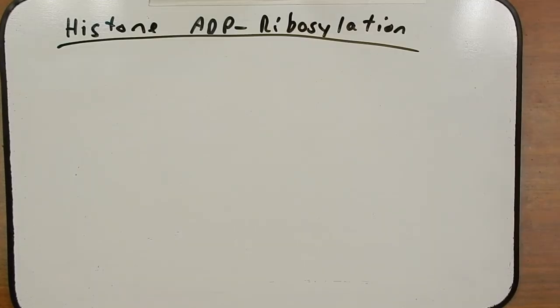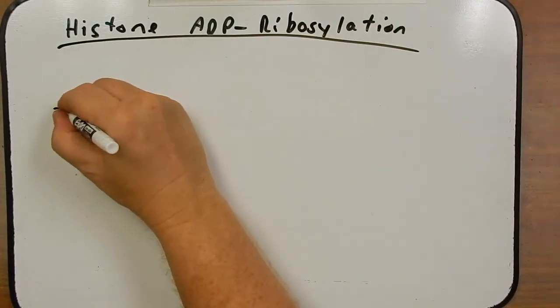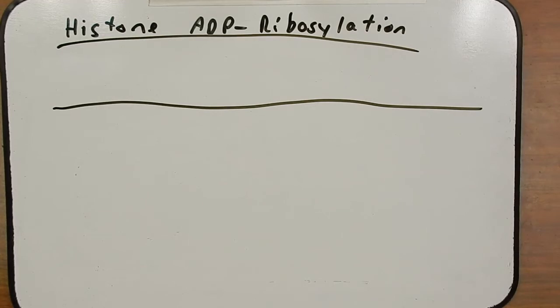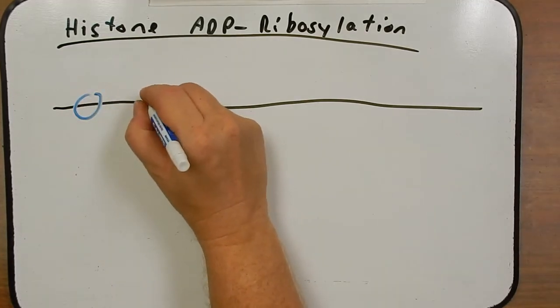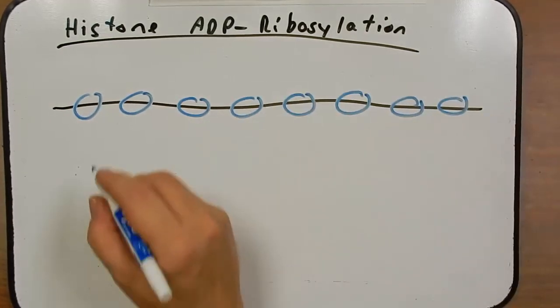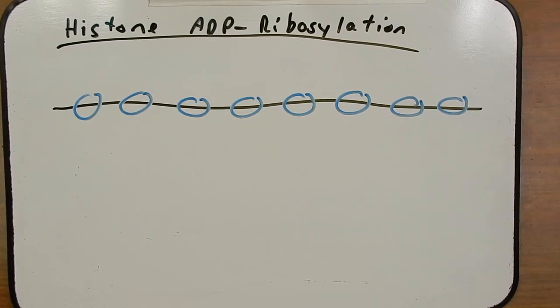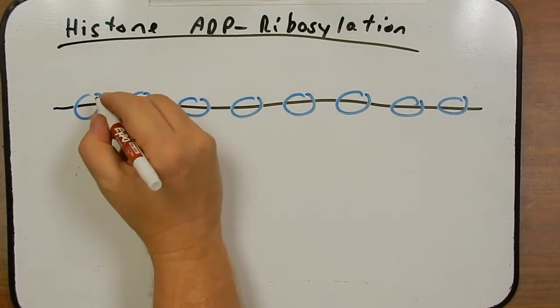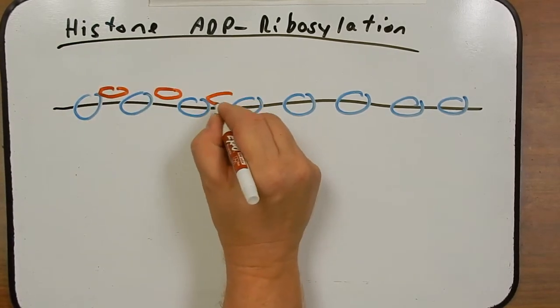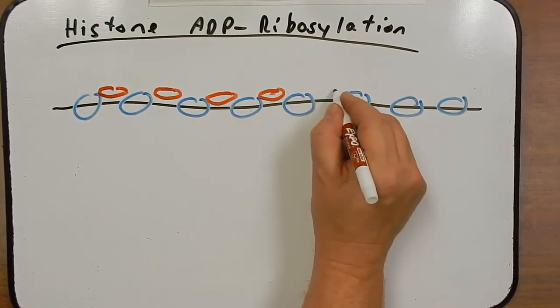So what is ADP ribosylation? So let's once again draw our DNA, and we'll draw our histones on here. Now I'm going to draw this time something I haven't been drawing for a while, and that is H1. That links these histone octamers.